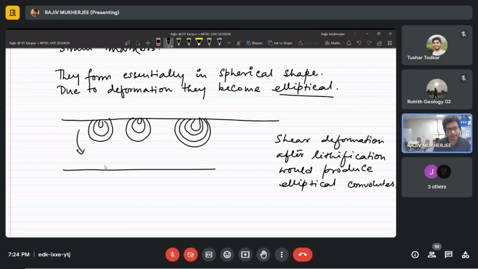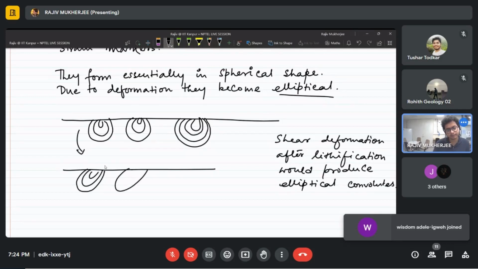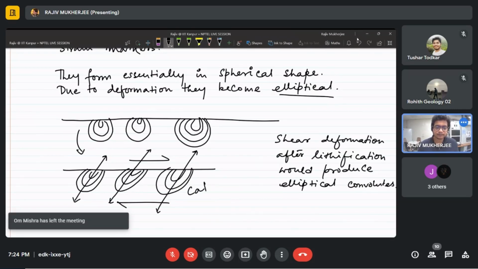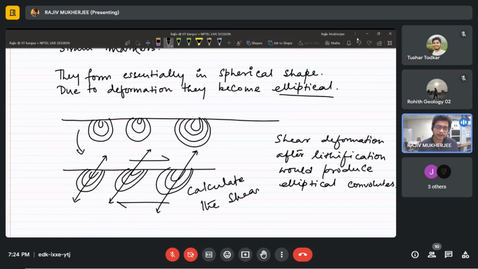So the same horizon would just be like that. So this is the shear direction, the shear sense, from where we can estimate the long axis, and then we can calculate the shear strain, right?